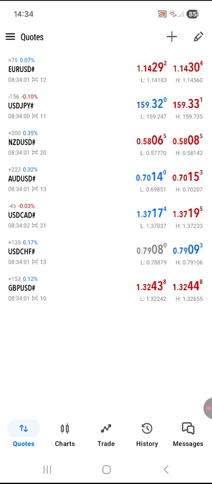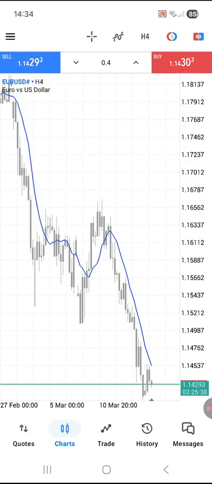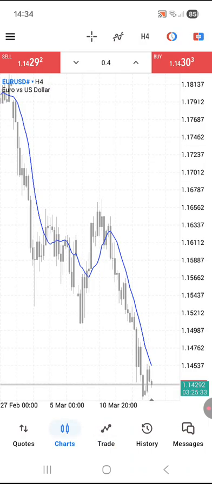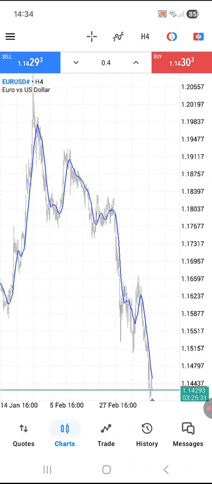The Euro United States dollar, the Japanese yen versus the United States dollar, New Zealand dollar versus United States dollar, Australian dollar you see there versus United States dollar, US Canadian, United States dollar versus the Swiss franc, CHF, and the British pound versus United States dollar. Okay, so this is the app that we use to actually place the trades, and it shows the rate at which it's being traded.